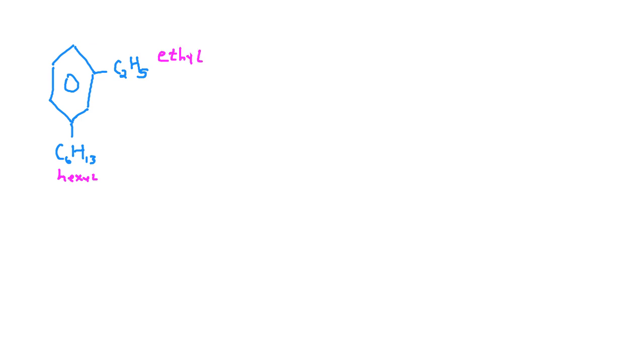This E comes before H in the alphabet, so that means this would be carbon 1. We're going to count this way, because that would be carbon 2 and carbon 3. So one name for this would be 1-ethyl-3-hexylbenzene, because the ethyl's on carbon 1 and the hexyl is on carbon 3.